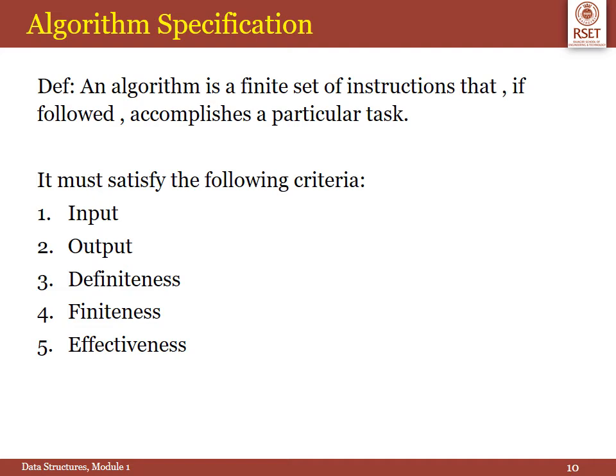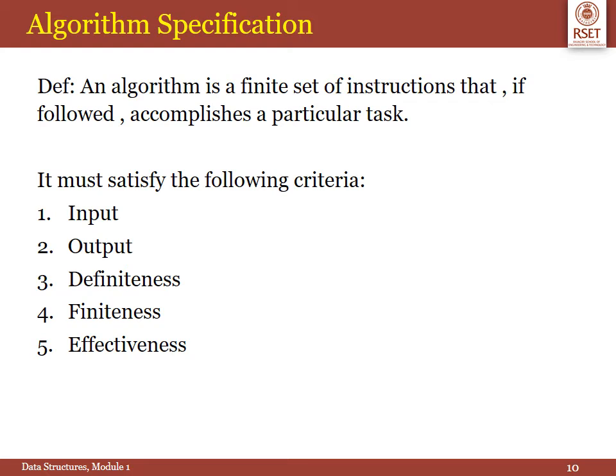Now, to implement the algorithm, each algorithm should satisfy the following given criteria. The first criterion is input: all algorithms can have 0 or more inputs externally supplied. Output: it should always produce at least one output.